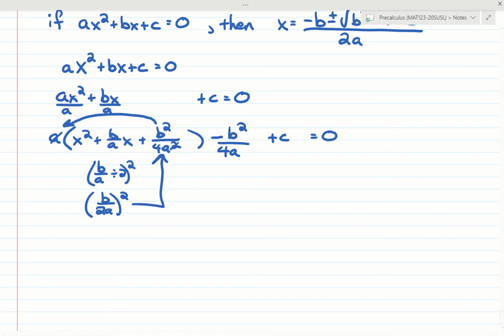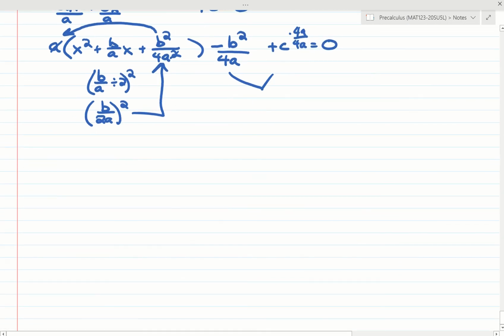Let's actually combine those two numbers, so we just have one fraction. So I'm going to combine these two. Let's get a common denominator of 4a. Multiply the c by 4a over 4a. And let's see what we get. We're still going to have a here. And this is going to be x plus b over 2a. Remember we said to go from completing a square, it's always going to be half of our middle number.